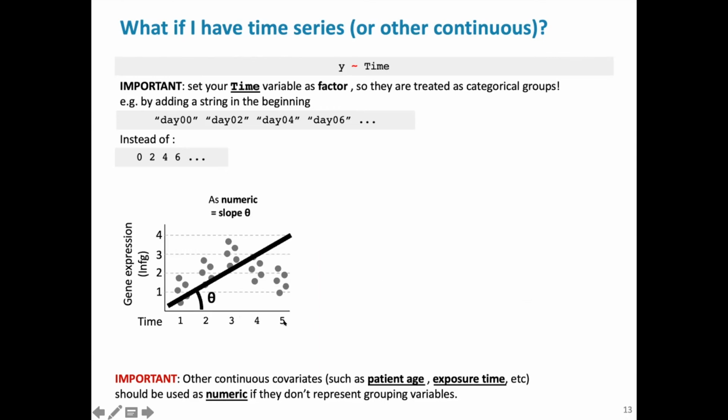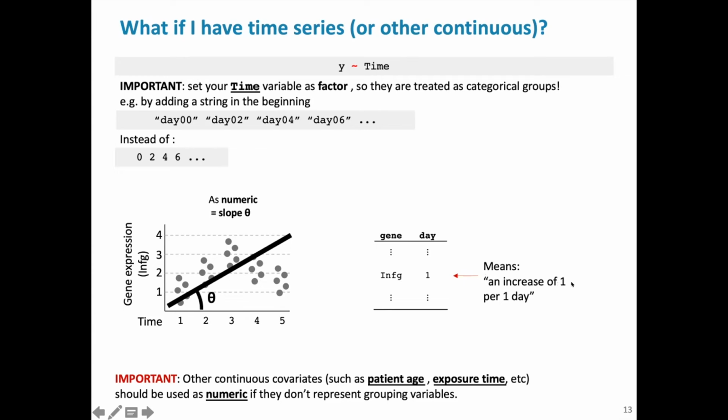Because if you leave it as numeric, what you're measuring is not the group information, but rather the slope of the correlation curve between your measurement, let's say interferon gamma, and the time, or the patient age, or the exposure time, and so on. So this is what you will get. You'll get just one column, and this number here will be the increase, the slope.